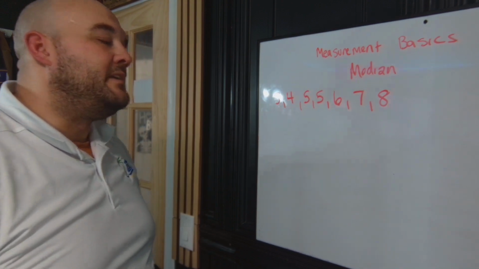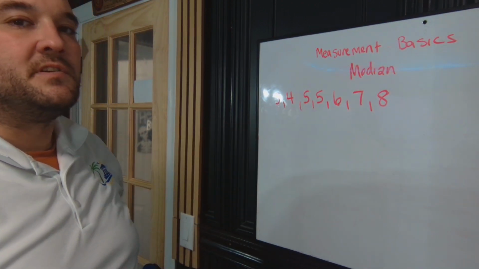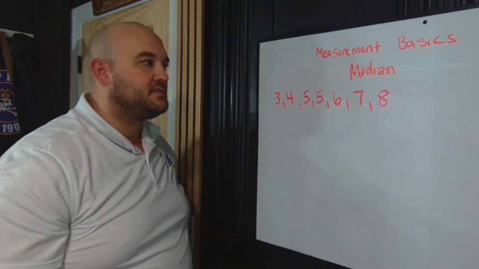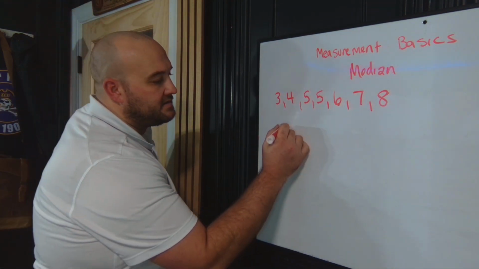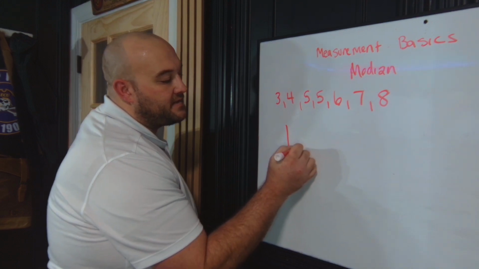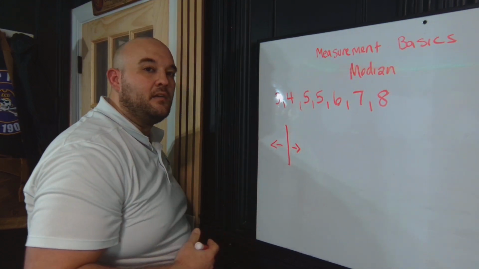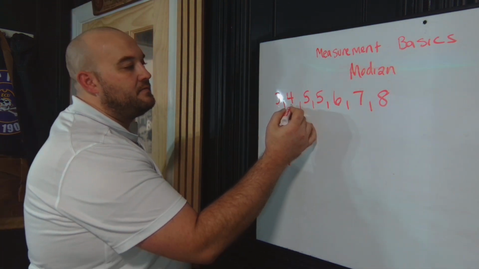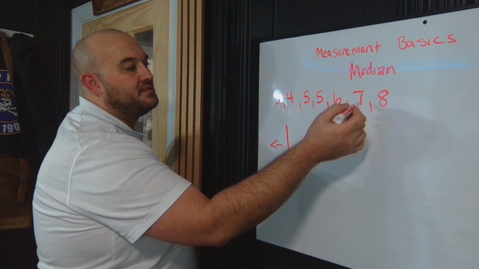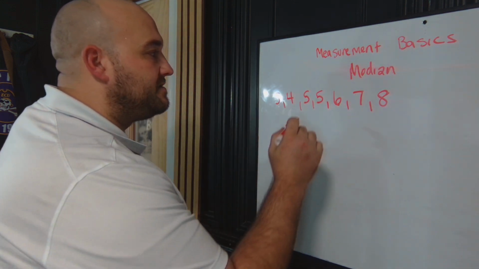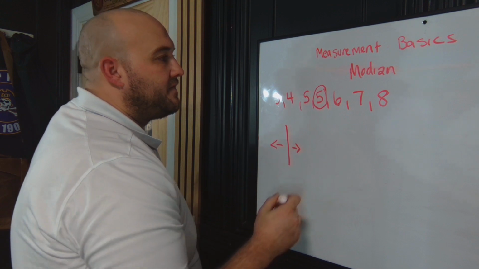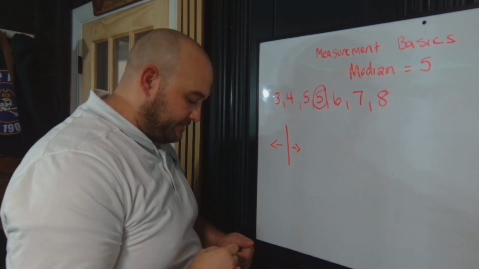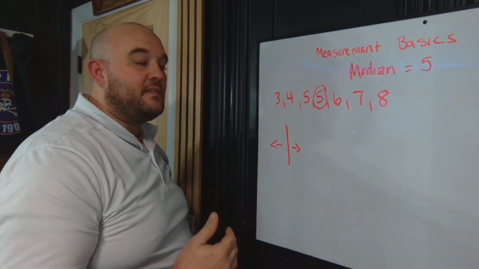The way you would do the median is, I just wrote numbers on there, but typically you put them in order from smallest to largest. Now what median does is it divides the data similarly to a highway. You find that central number: 1, 2, 3, 4, 5, 6, 7. My median number is 5. So the median in this example is 5. So that's how you do median.